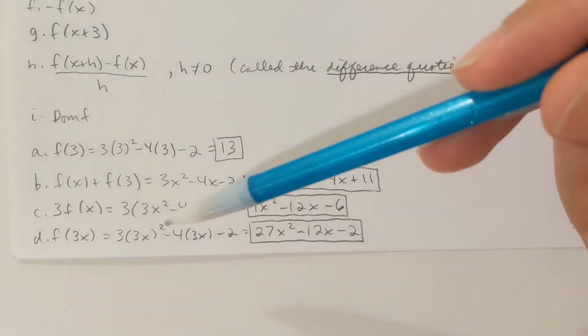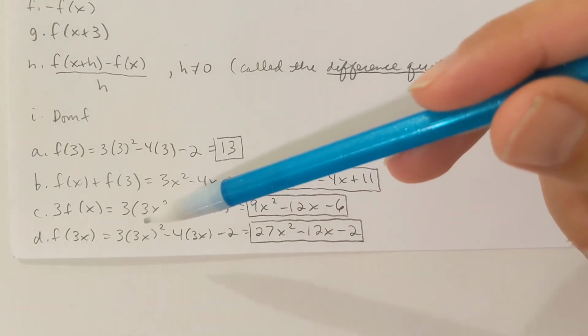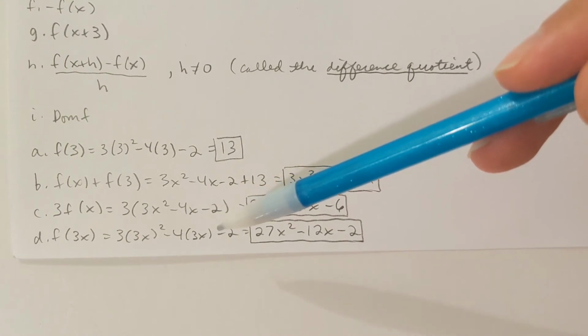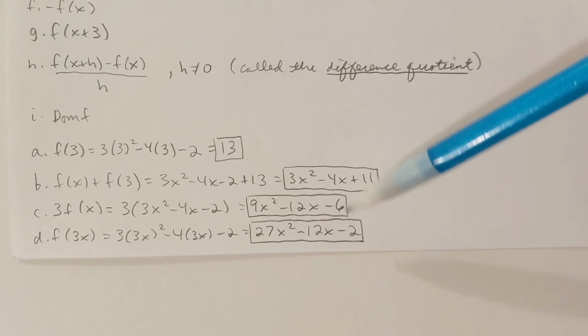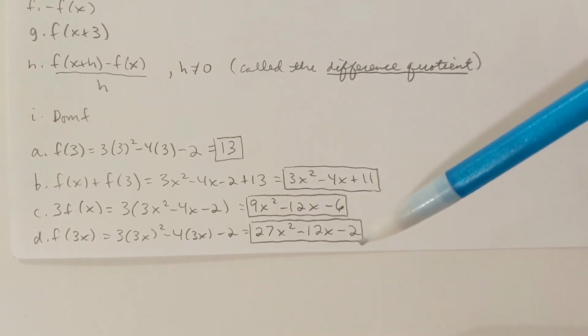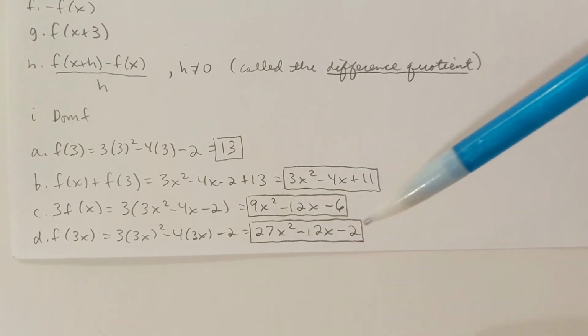So I've done that. 3x squared is the same as 9x squared times 3. You get 27x squared. Minus 4 times 3x is minus 12x minus 2. Notice how these are not the same thing at all. Okay? Sometimes they are. I get that. But most of the time they're not the same.